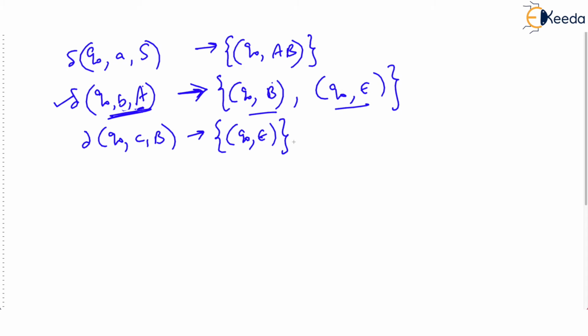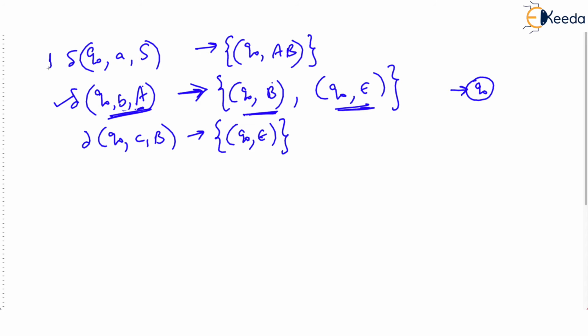Remember, we did the same convention in NFA also. Yes, the resultant configuration was shown as a set and the set might contain multiple results. Now, let's see the working of this. We won't take time to draw the diagram, but the diagram is really unnecessary because there is only one state.